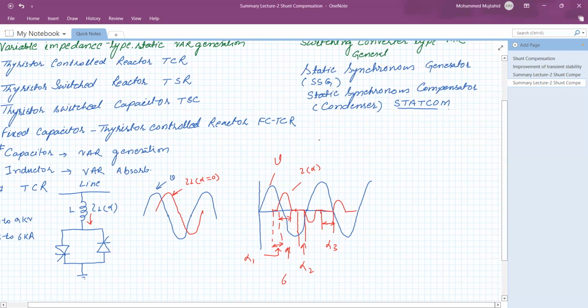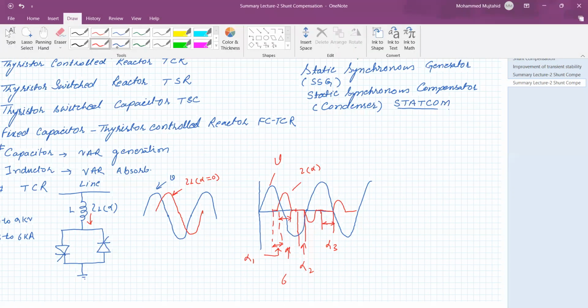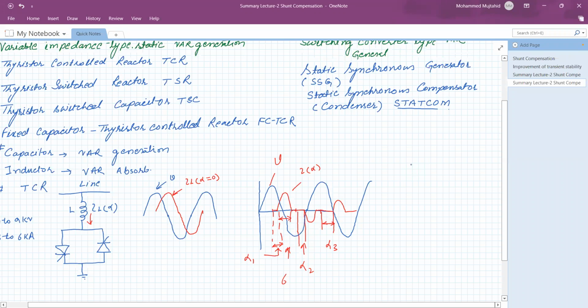Now what would be the VI characteristic, or working area, of the thyristor controlled reactor? As this is the thyristor controlled reactor, this is the current IL lagging, and this is the voltage of the inductor VL.